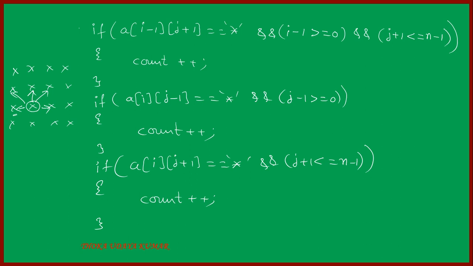And now, this one is also over. Now let us do it for this and this. Here the column is being decremented and the row is being incremented. Next row, before column.